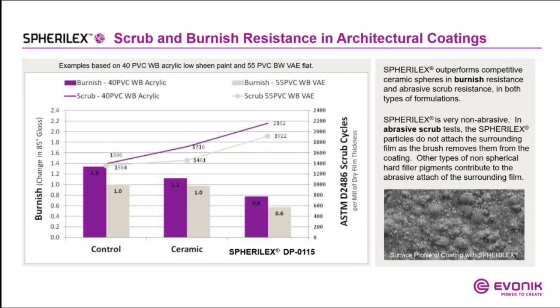By using the spherical particles, in this case the grade SPHERILEX DP115, we could increase the cycles from 1,400 to approx 2,000 cycles. So a very big jump in the wet scrub resistance. Very good improvement.